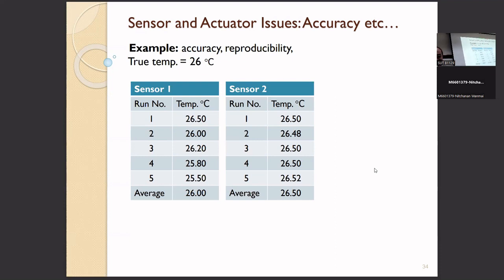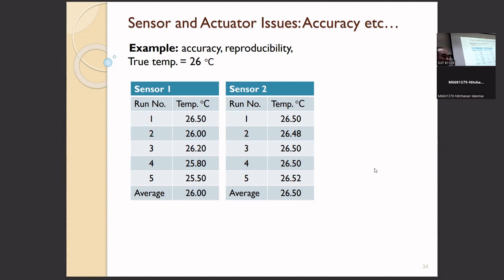That's right. Which sensor has high accuracy from this, 1 or 2? You say 2? High accuracy? What is the accuracy again? Accuracy means correct to the true value or the standard.